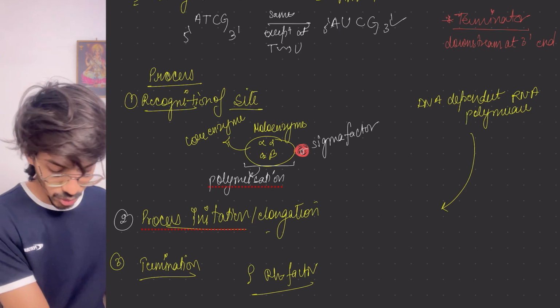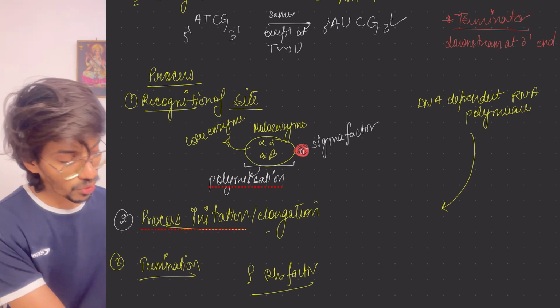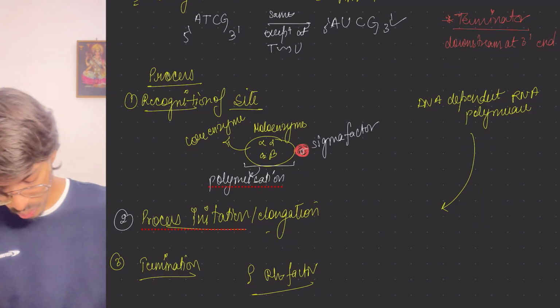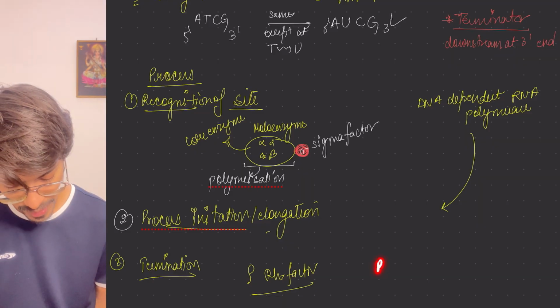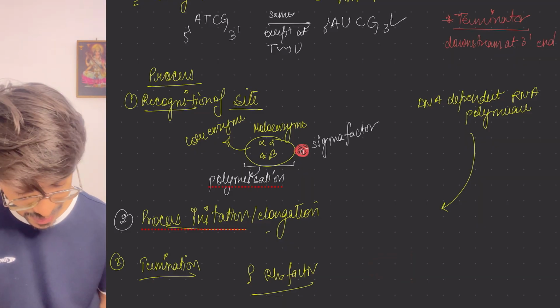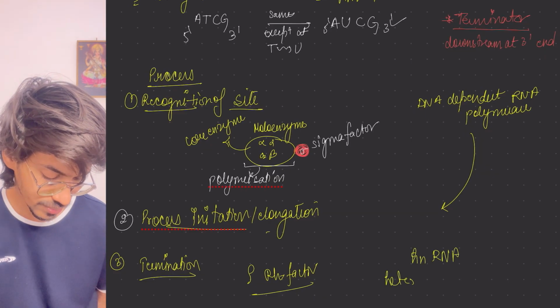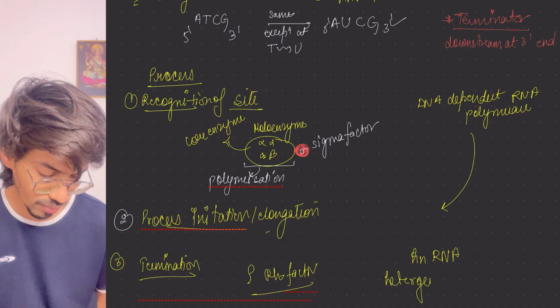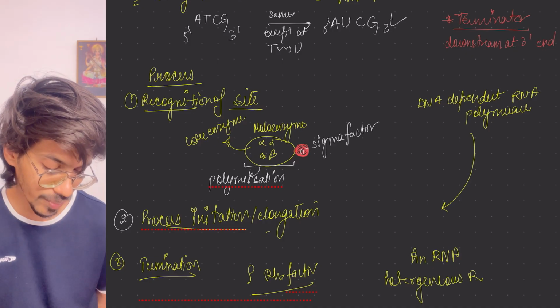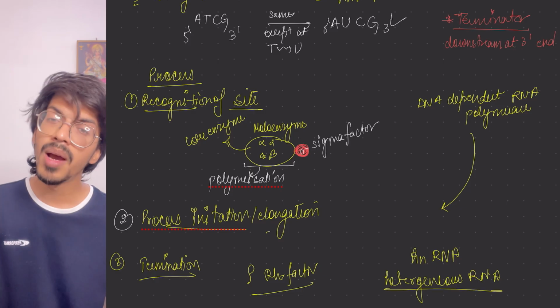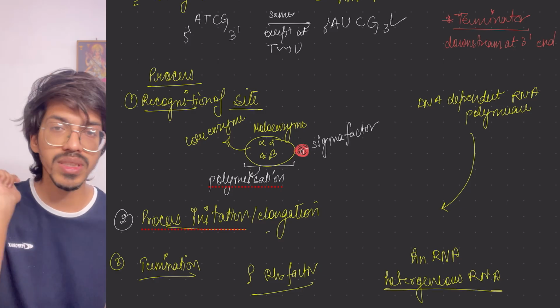Now the thing that has been formed by this process is known as hnRNA, that is, heterogeneous RNA. The heterogeneous RNA is okay for prokaryotes, but in eukaryotes further processing is needed.